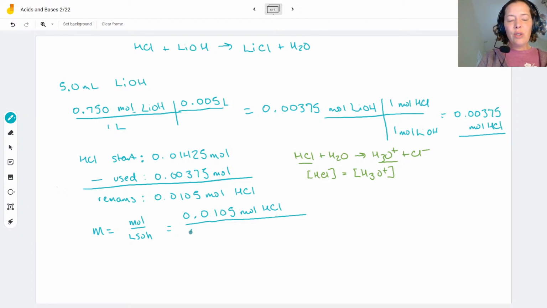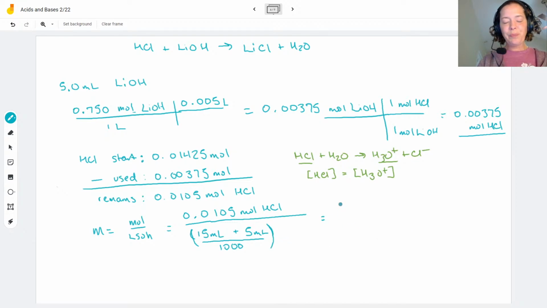I need to make sure that I'm adding my volumes. I started with a 15 milliliter sample of my acid, and at this point I've added 5 more milliliters of my lithium hydroxide. And then of course you need to divide this by 1,000 so that you convert it into liters.